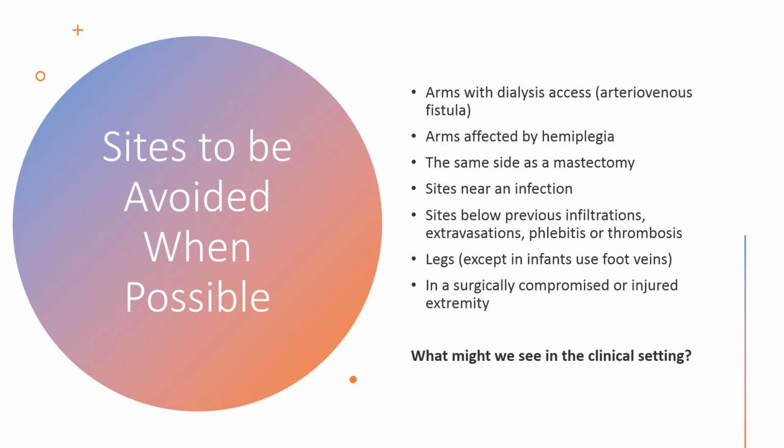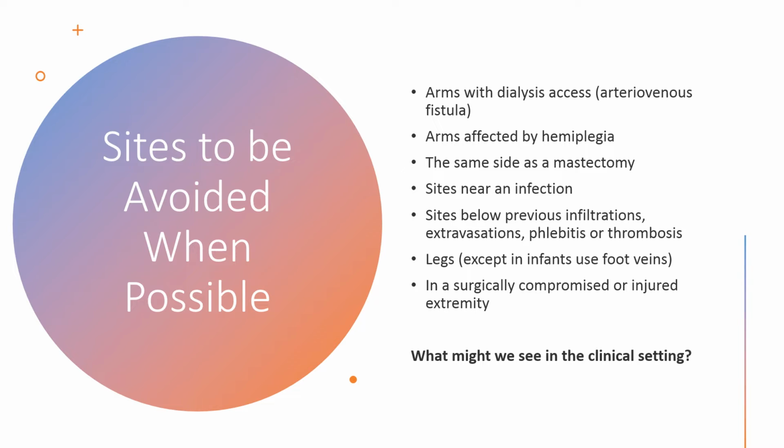So let's think about it in the clinical setting. Have you seen anything that might indicate that one arm is not able to be used, again, for peripheral IVs, for blood pressures, or for central lines? I know that in the hospitals I've been in, I sometimes see that they have limb alert bracelets on, or they may have a sign over the bed saying do not use left or right arm.